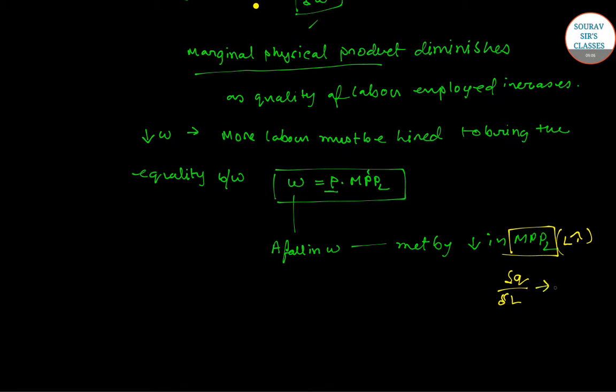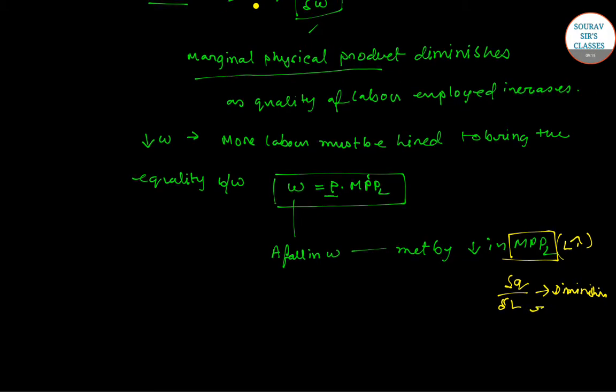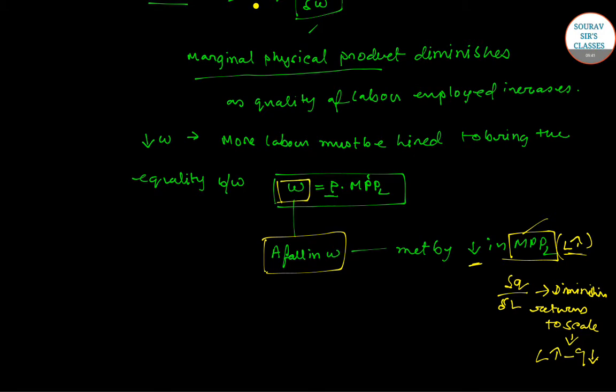By the theory of diminishing returns, as L increases, MPPL starts to fall. So a fall in W is matched by a fall in MPPL, which is only possible by increasing labor.